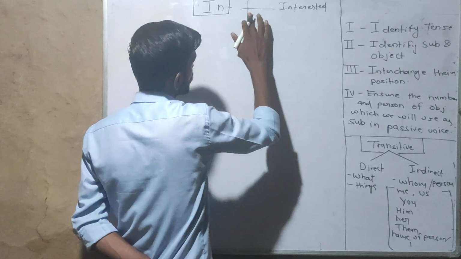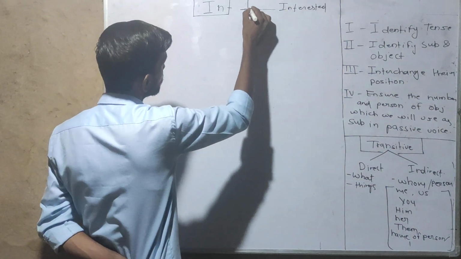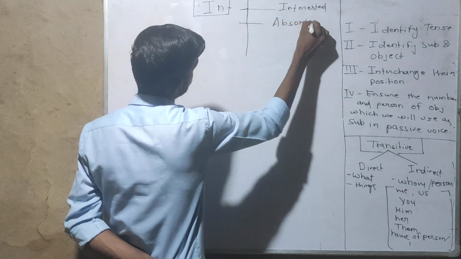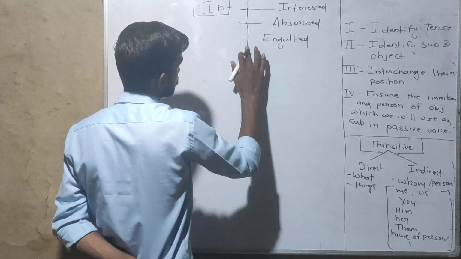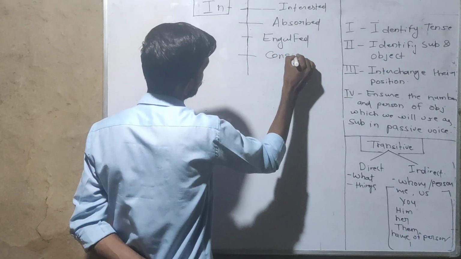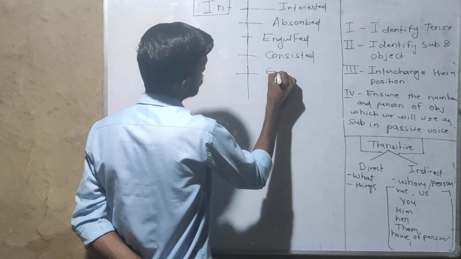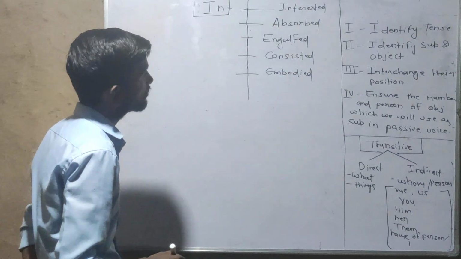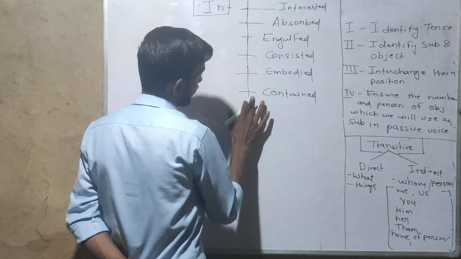Then absorbed, then engulfed, then consisted, then embodied, and one more verb is contained, and so on. I will also explain with the help of examples, so do not worry, just be with me.